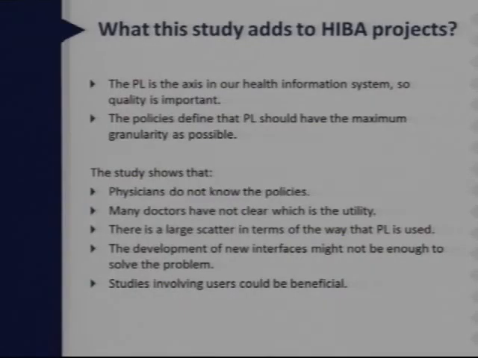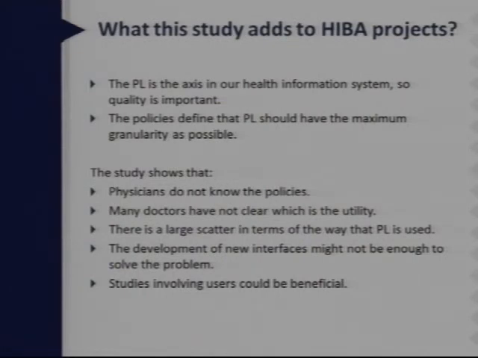What are the good things about this study for us at Hospital Italiano? The problem list is the axis of our health information system. So the quality of the problem list is really important for us. The policies in our hospital say that the problem list must have the maximum granularity possible.